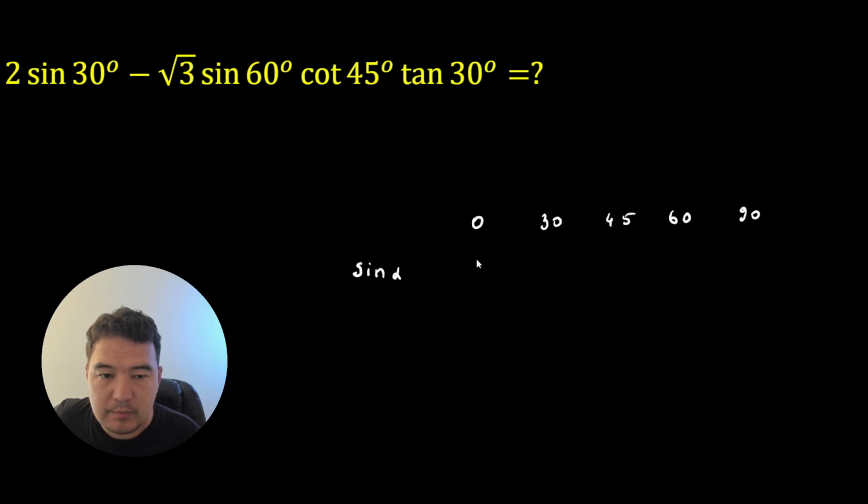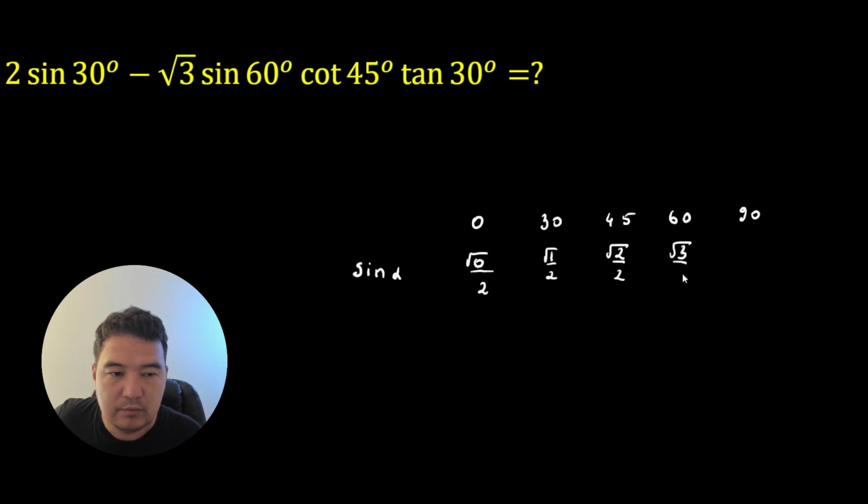Sine 0 is going to be 0 over... So let me write it in this very interesting way. 0 over 2. And then for this one, root of 1 over 2. So this is going to be root of 2 over 2. This is root of 3 over 2 and root of 4 over 2.